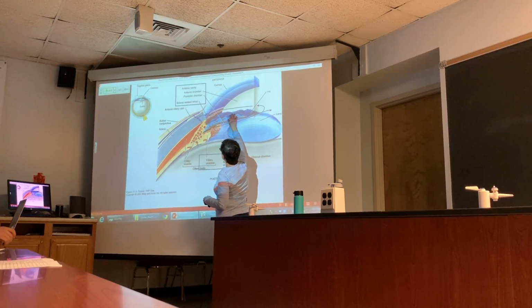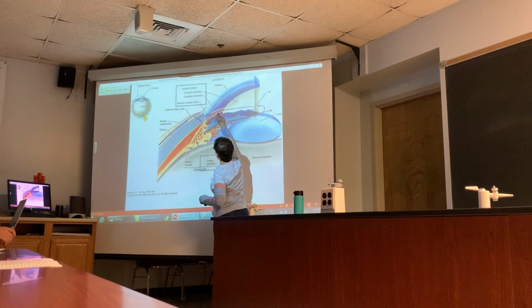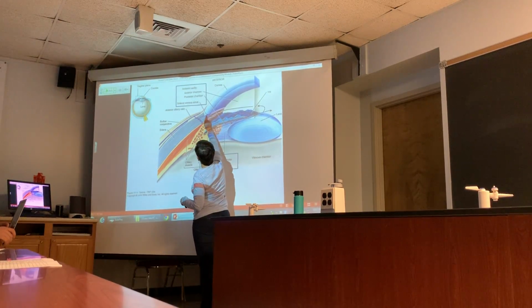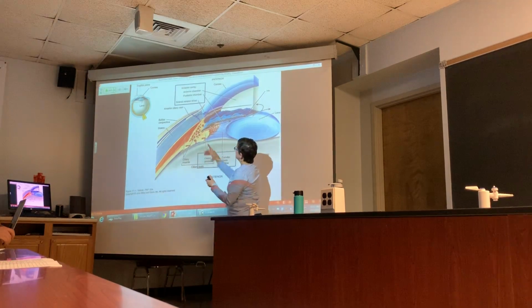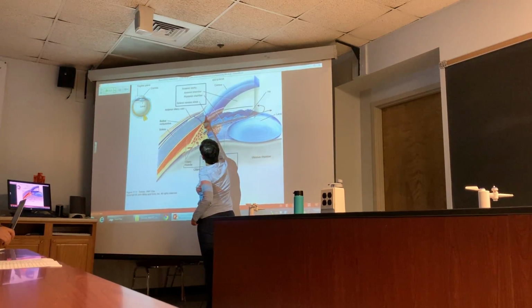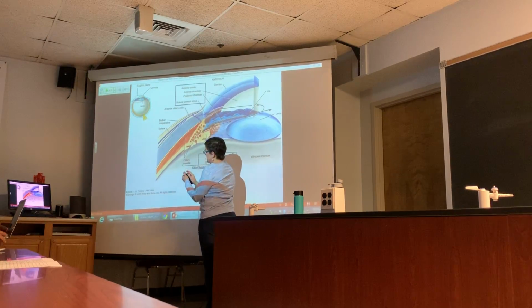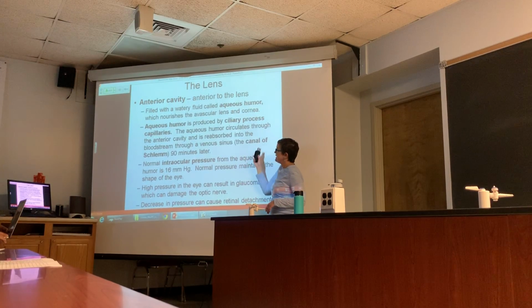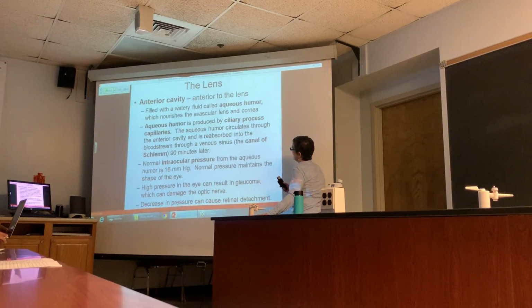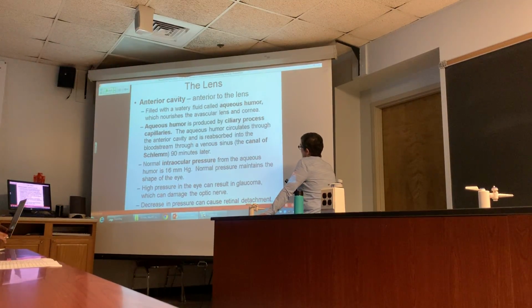And about 90 minutes later, follow these arrows here, the aqueous humor gets reabsorbed into a small venous sinus or vein called the scleral venous sinus. And this is a tiny opening at the very outer edge of the iris, the scleral venous sinus. And that sinus is also called the canal of Schlemm. It's another name for it.